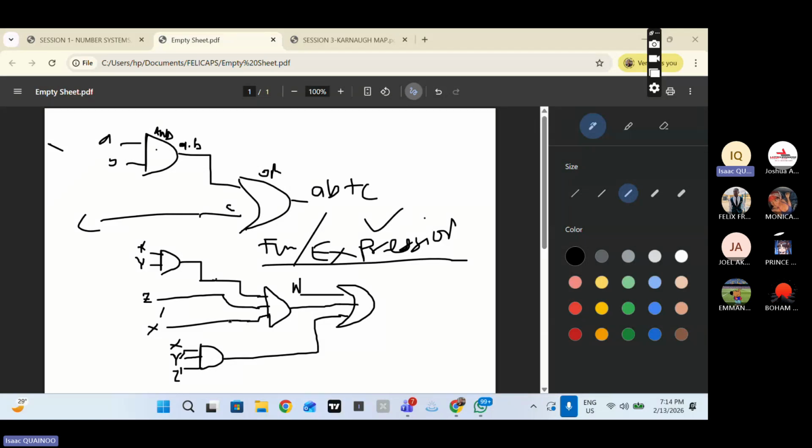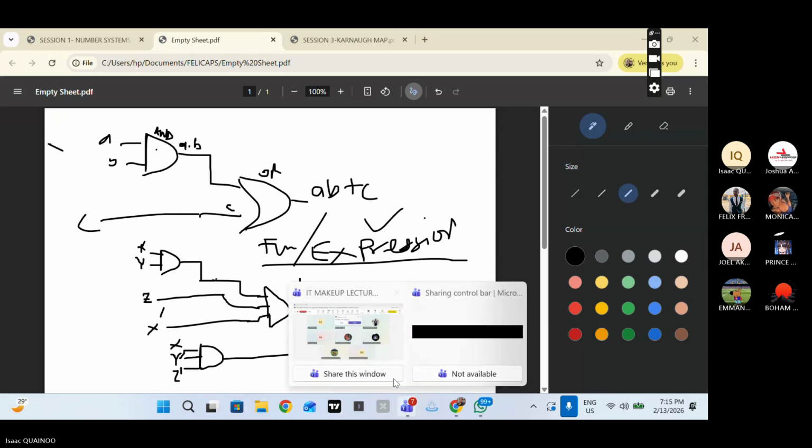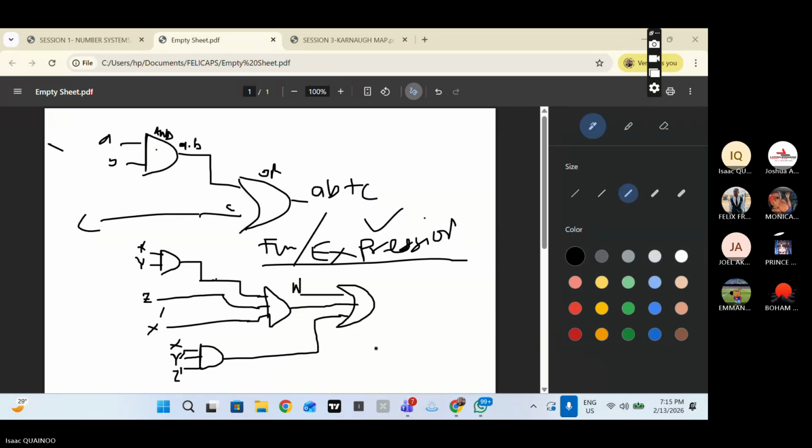I think I gave this as an assignment for individual trials. So probably if you were able to try it, you can let us know what you had for the function.